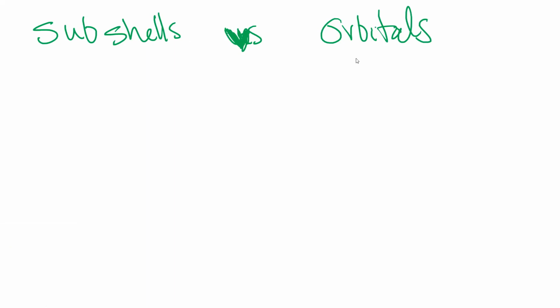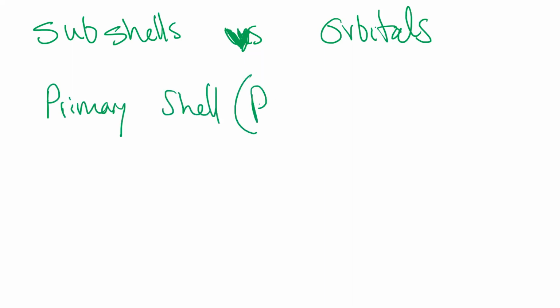Cool. So the best way to talk about this is to say to begin with that this is a difficult thing to conceptualize. There's a couple of different ways to think about it. You can think about the primary shell, which is sometimes also called the primary energy level. They mean the same thing.